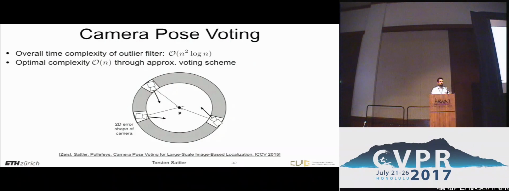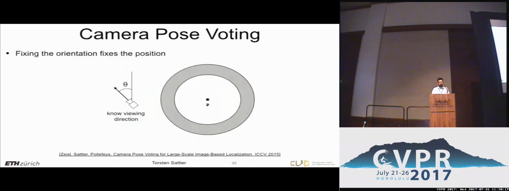But if you know the direction in which the camera is looking, then this fixes your position as well. So assume that you know the viewing direction of the camera with respect to an arbitrary axis, and also assume that you know the intrinsic calibration, so you know the angle between the viewing direction of the camera and the ray that observes the point. Then there is a unique point on the circle where the camera has to be.